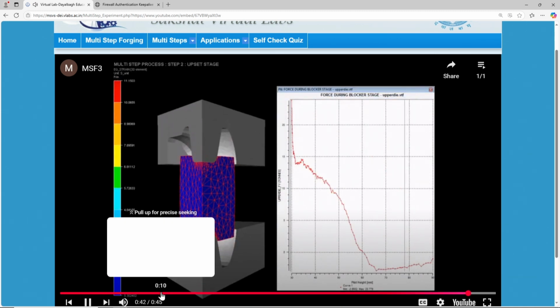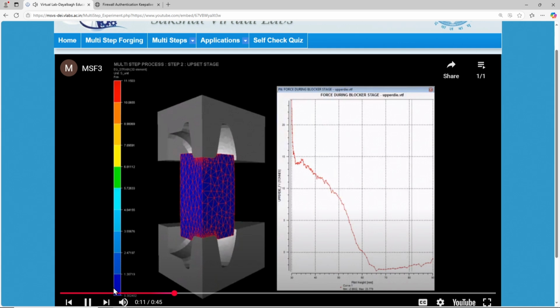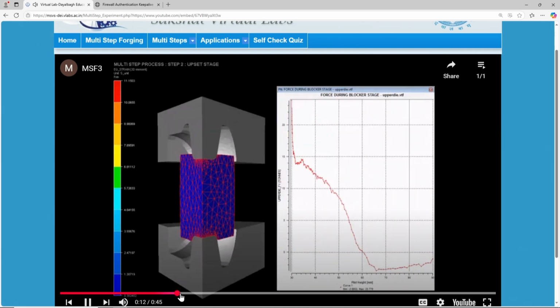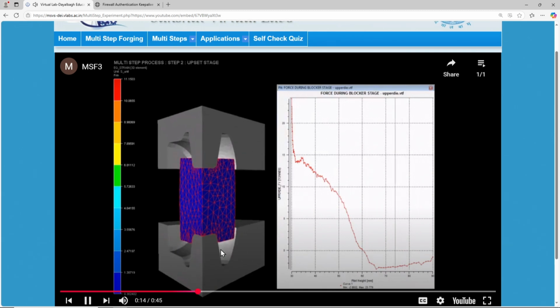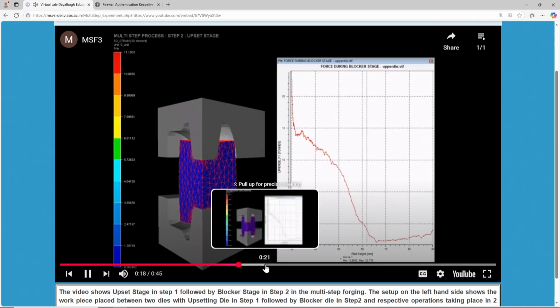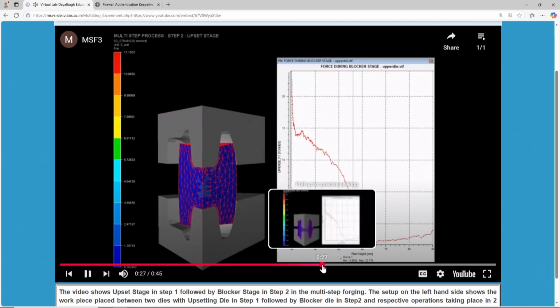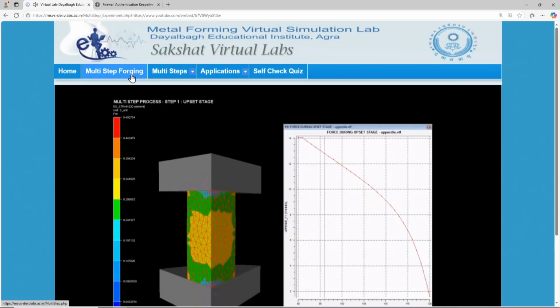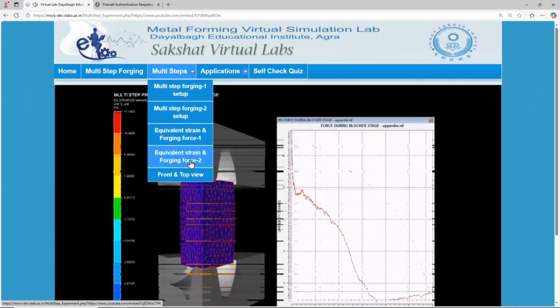Step 1. Step 1 is upset stage, and step 2 is the blocker die final shape getting stage. Now in multi-step forging, certain other steps we can see.